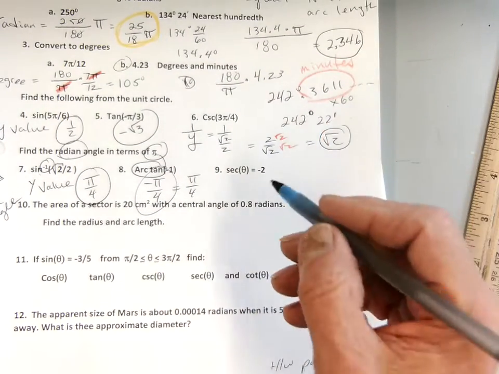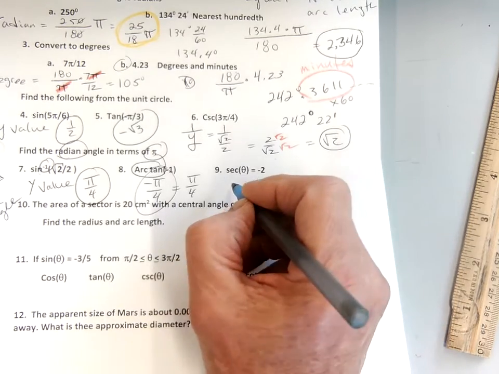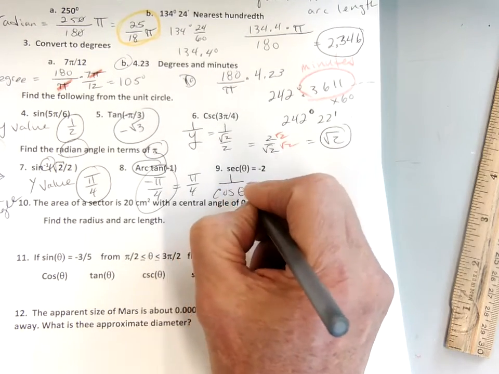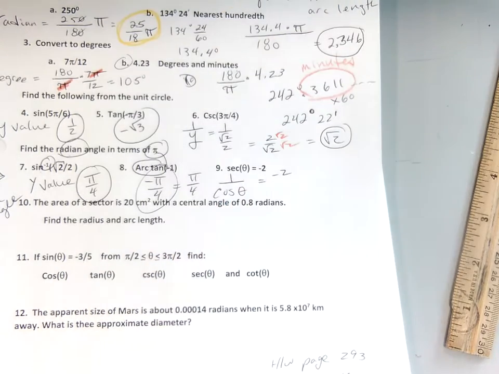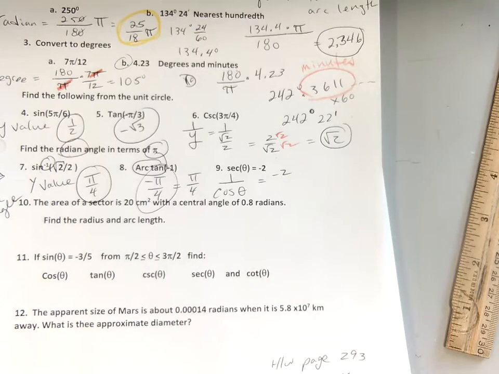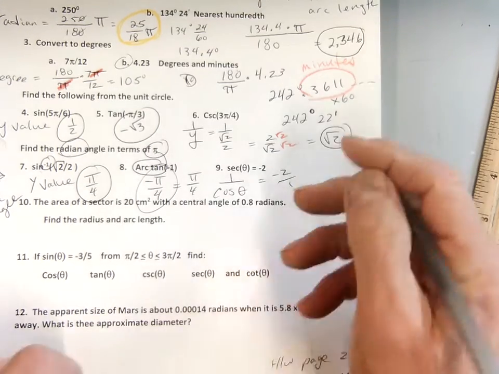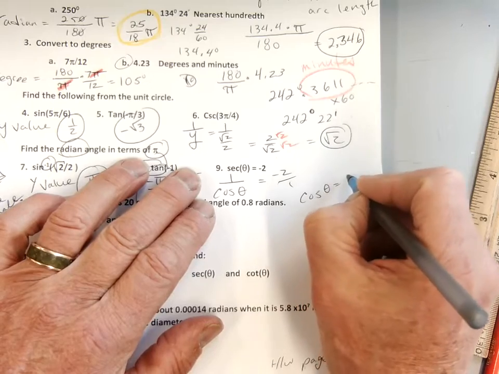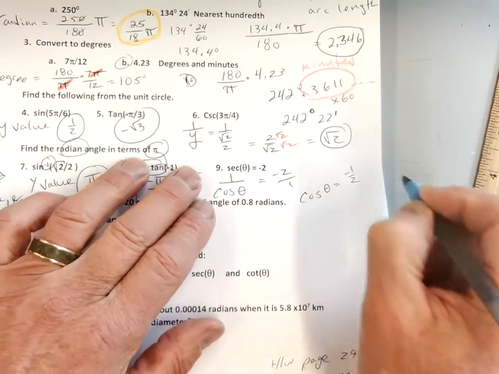Now, secant. This is the same thing as 1 over cosine. Thank you, Brittany. 1 over cosine of theta equals negative 2, right? Because there's no secant on my unit circle, no secant on my calculator. So I'm going to reciprocate, flip them both, and I'll have cosine of theta equals negative 1/2.